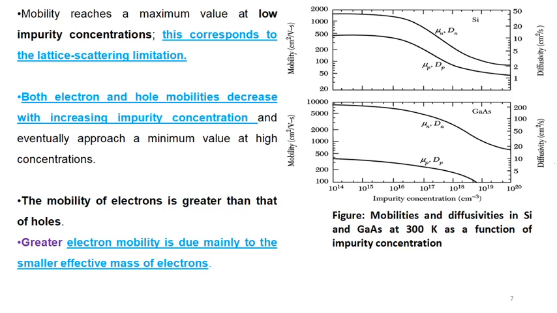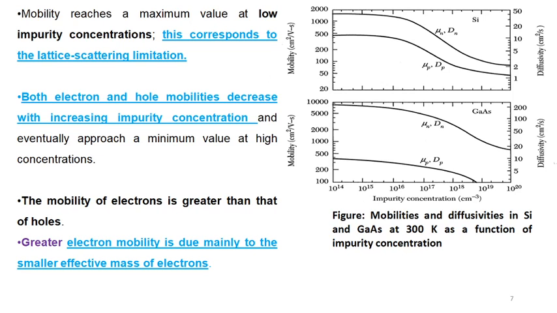But when the electron is moving inside the semiconductor, the electron and hole mobility decreases with increasing impurity concentration, and eventually approaches a minimum value at a high concentration when we add impurities. And the mobility of electrons is greater than that of holes, because the electron has a lesser effective mass as compared to the holes, and this greater electron mobility is mainly due to the smaller effective mass.